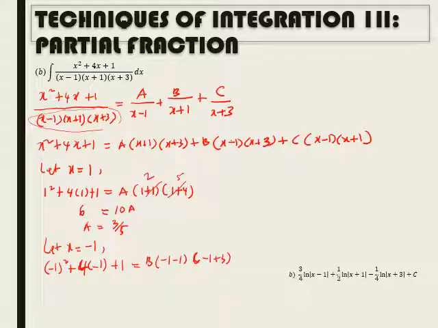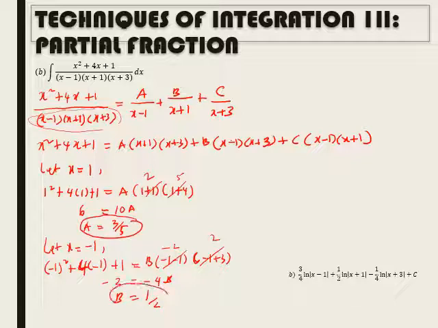The rest is 0. So negative 1 minus 4 will be minus 3, plus 1 will be minus 2. How about the rest? Negative 2, this one is 2. So 2 times negative 2 is negative 4. So b is equal to 1 over 2.